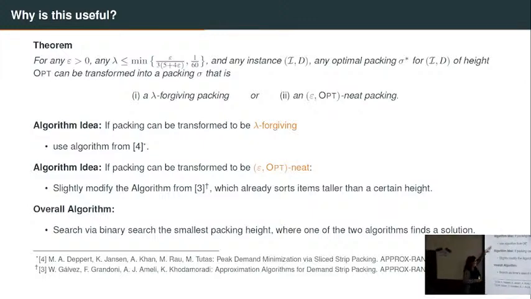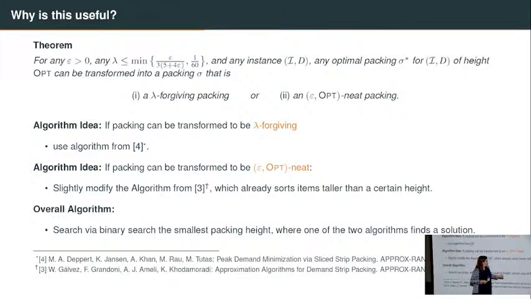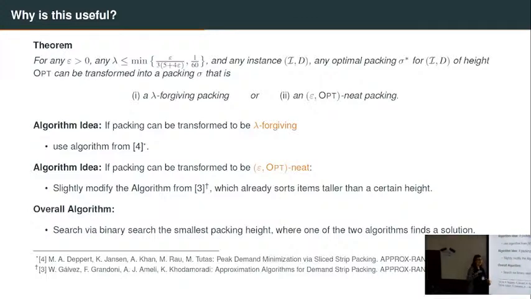And the overall algorithm is that we use a binary search and try for each approach whether we can find a packing which is lambda forgiving or epsilon neat. If yes, we decrease the search direction, and if not, we have to search for a larger one. So, just combining these two.